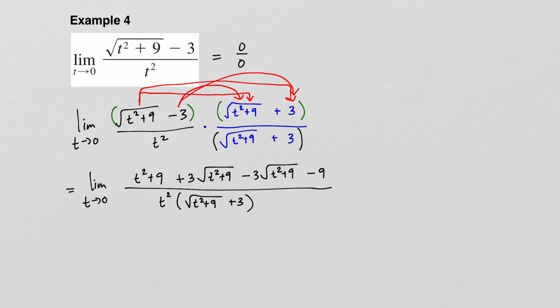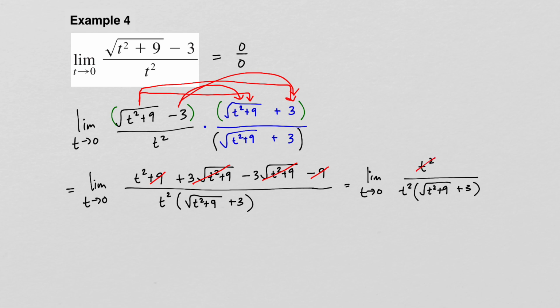What you should notice is that in the numerator, these terms cancel out, and also 9 minus 9 cancels out. And so we get a greatly simplified expression in the numerator. We have t squared, and in the denominator, we have t squared multiplied by the square root of t squared plus 9 plus 3. And here's where the magic occurs.